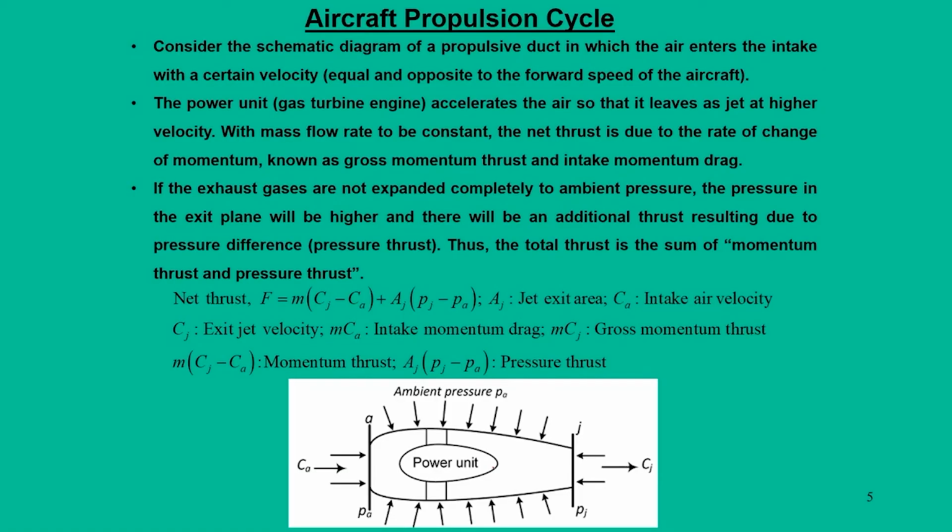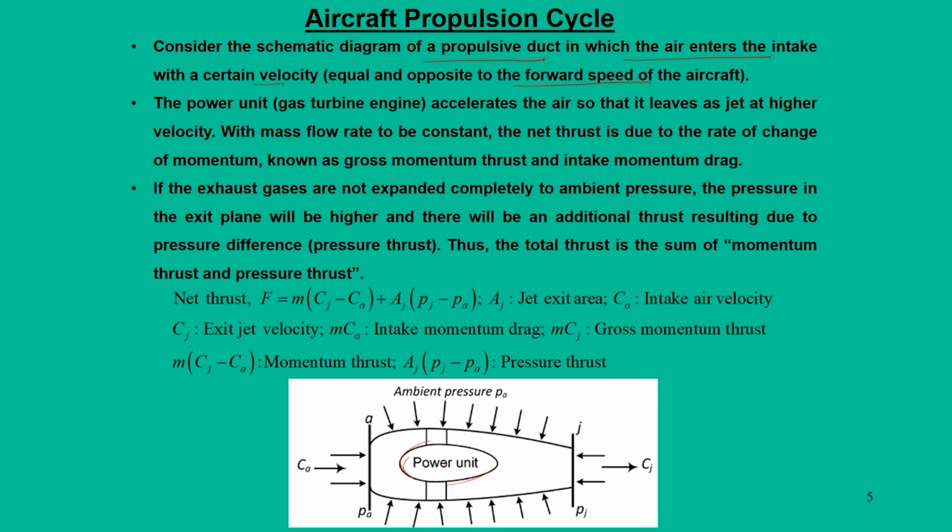This power unit, shown in this figure, is your gas turbine cycle, which supplies the necessary power to the aircraft. We call this a propulsive duct, in which air enters at a certain velocity which is equal and opposite to the forward speed of the aircraft.